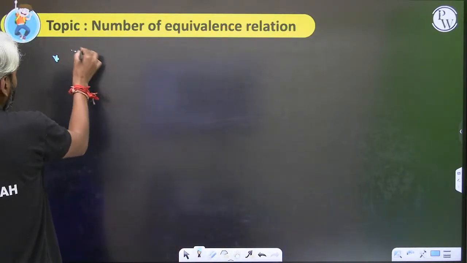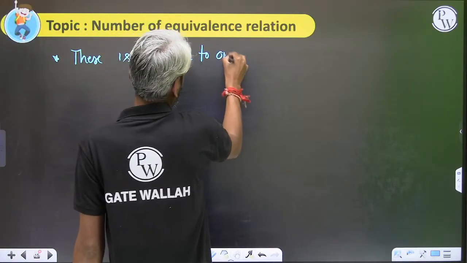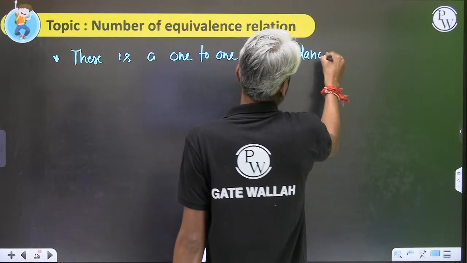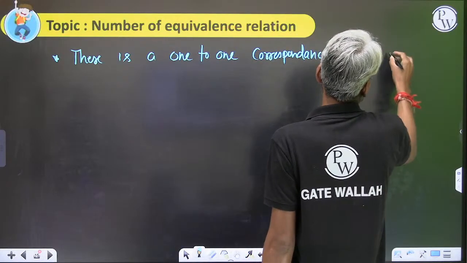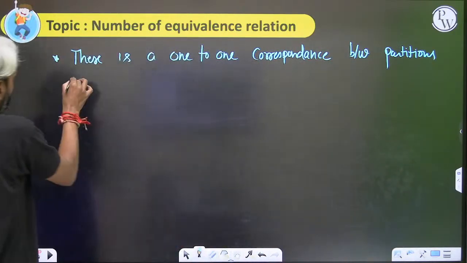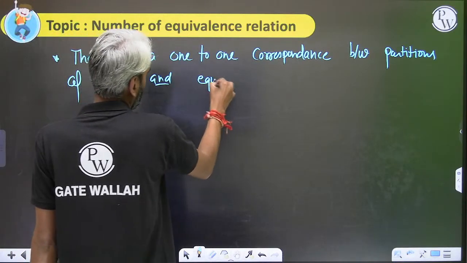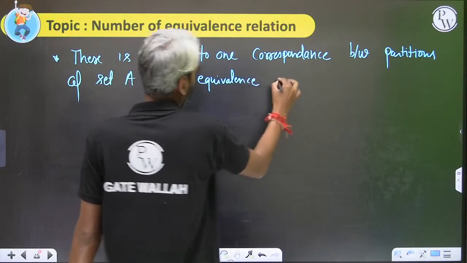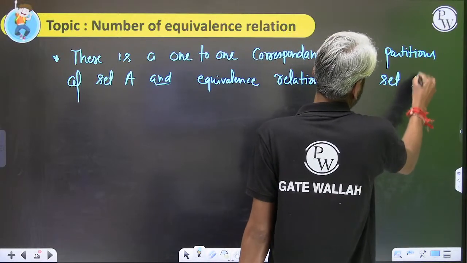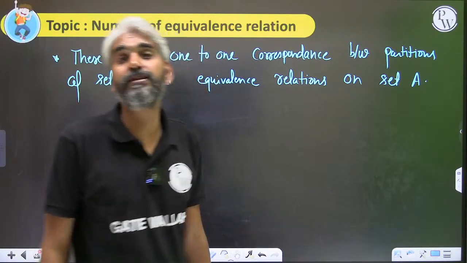Sir, we need to understand there is a one-to-one correspondence between partitions of set A and equivalence relations on set A. So exactly as many partitions are there, exactly the same number of equivalence relations will be there on that set A.